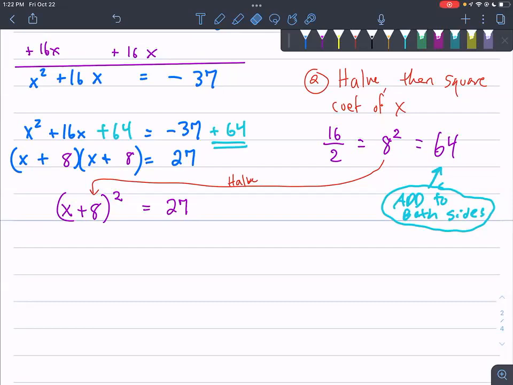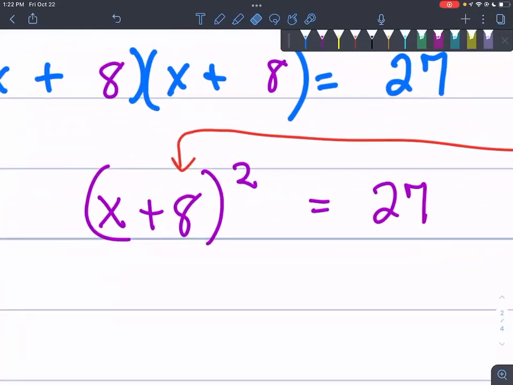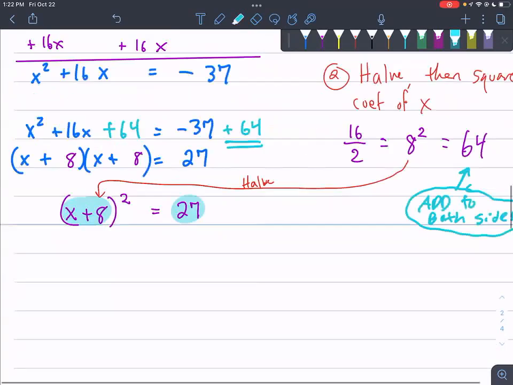So still not completely done, but at this point, this is all they're going to want you to enter. So let me highlight all this. This and this are going to be the answers that you put in. We'll do another one of those.